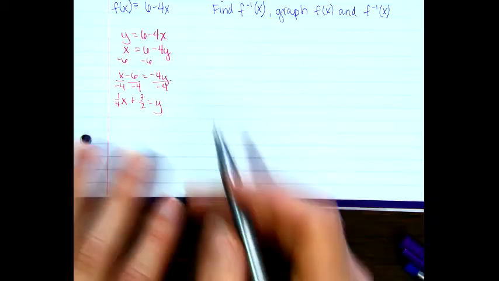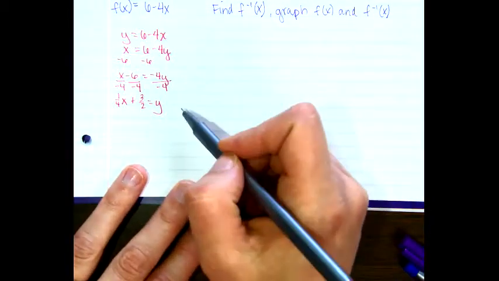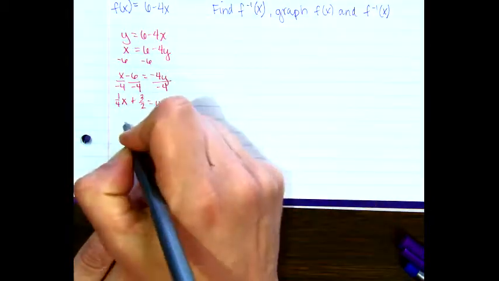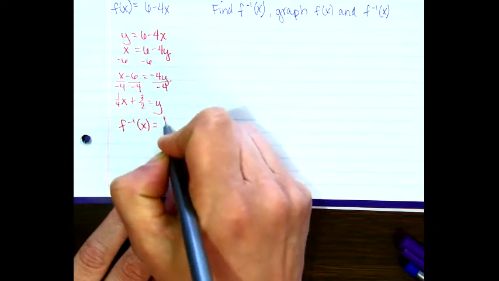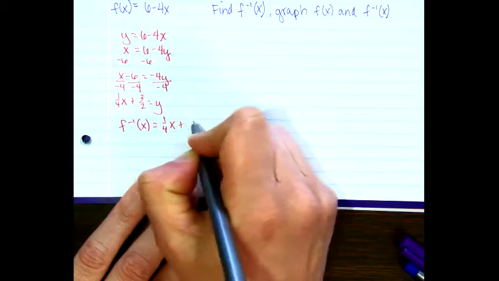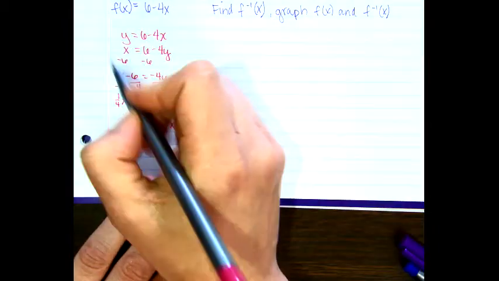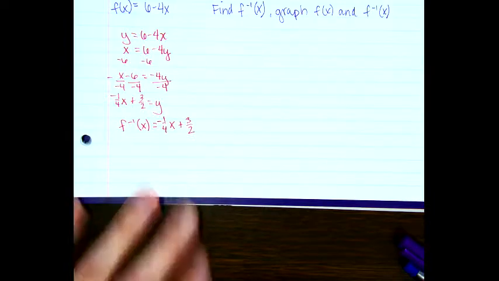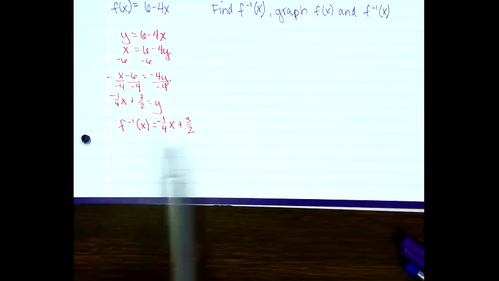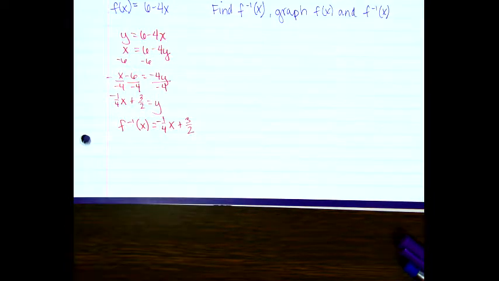And then just to show that this is the inverse of above, I would write f inverse of x equals negative 1/4 x plus 3/2. That should actually be a negative 1/4 x, so let's fix that real quick. So that's all there is to it as far as finding the actual function.